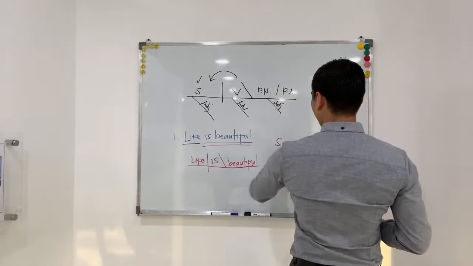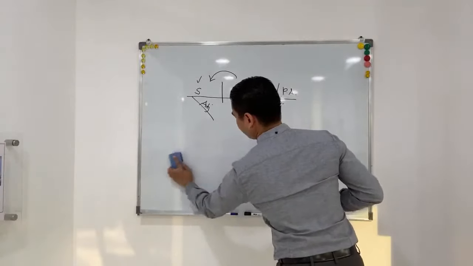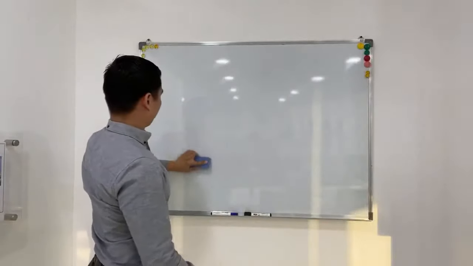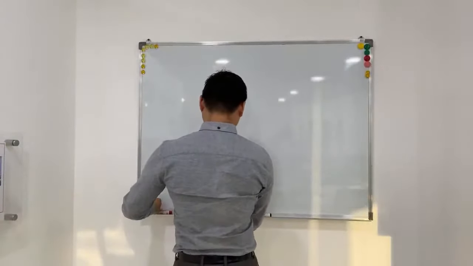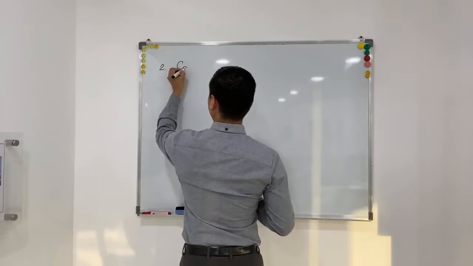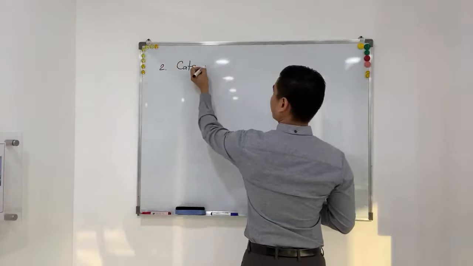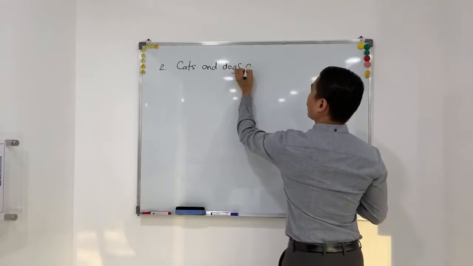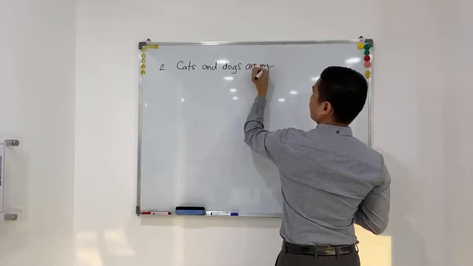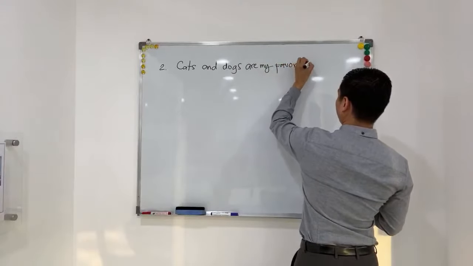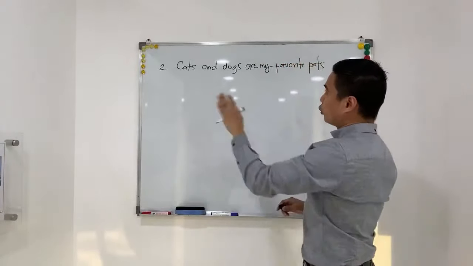Now, if we use another example, make the sentence more complicated. Number 2: cats and the dogs are my favorite pets. 2, 4, 6, 8.